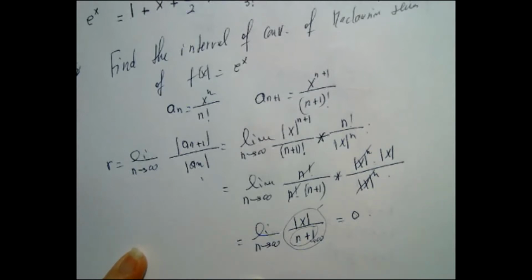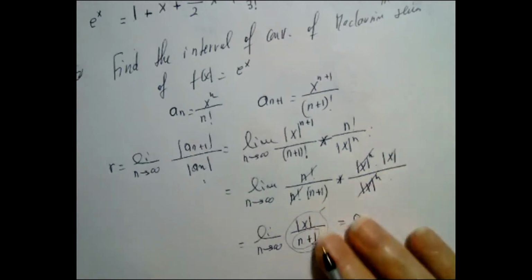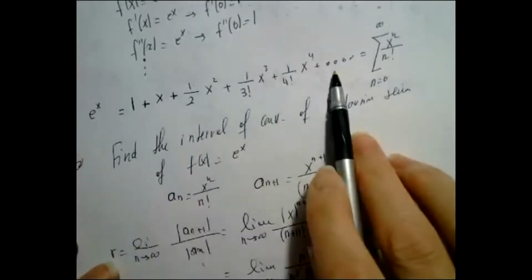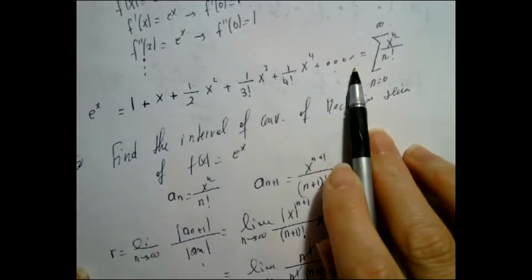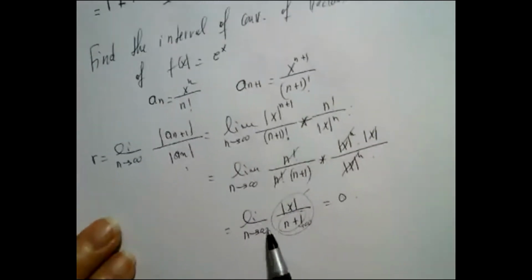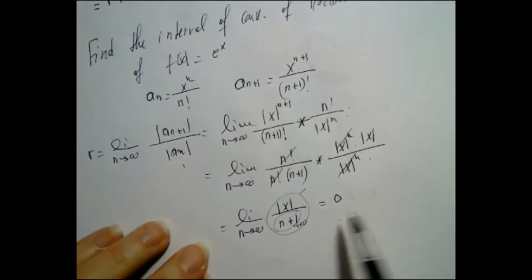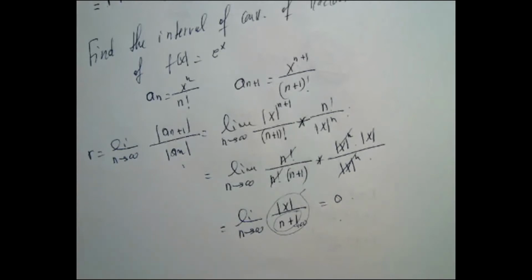What does this tell me? So I have this series. I'm trying to find the interval of convergence. I get a ratio which is equal to 1. What does this mean? The ratio, sorry, I got the ratio equal to 0. What does this mean?